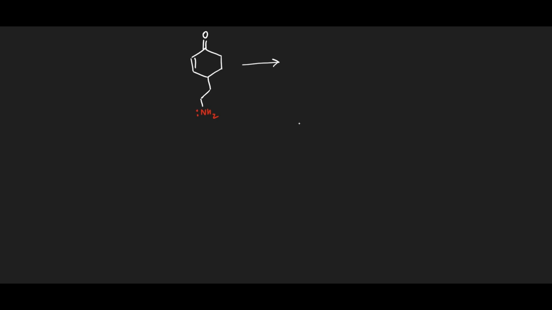In this example, the alpha-beta unsaturated ketone and the nucleophilic amine group are present in the same molecule. The amino group adds at the beta carbon intramolecularly to form this enolate ion that also has a positive charge on nitrogen.